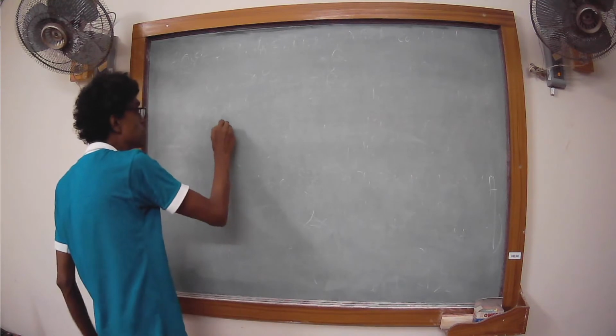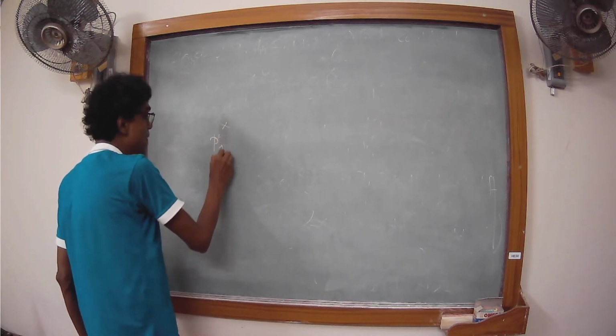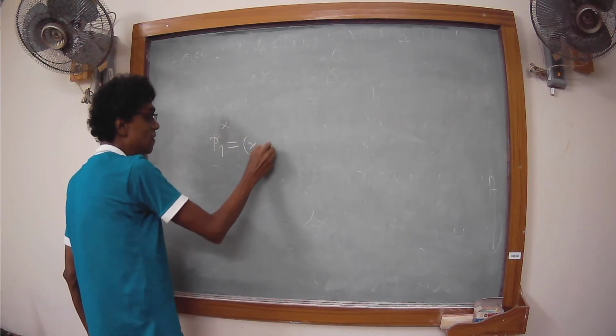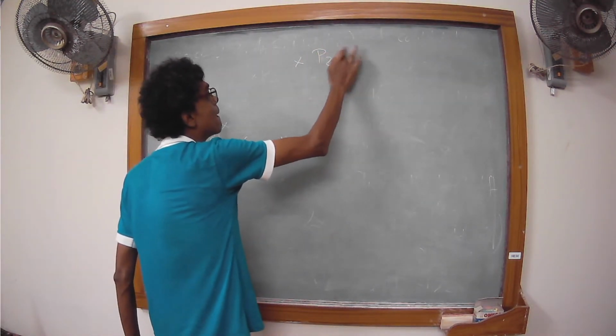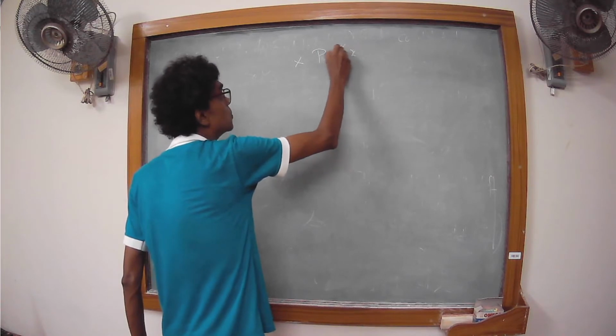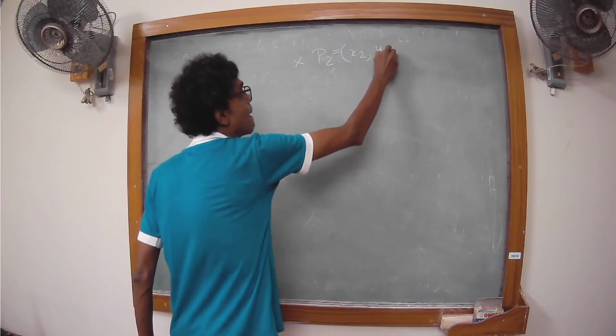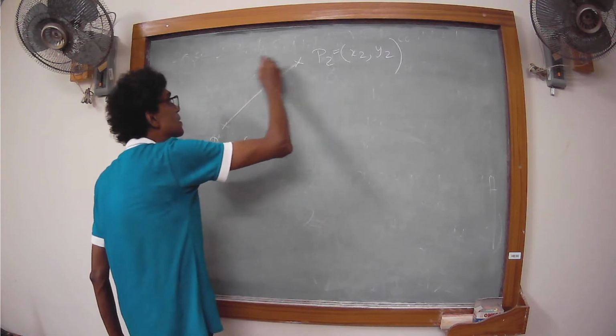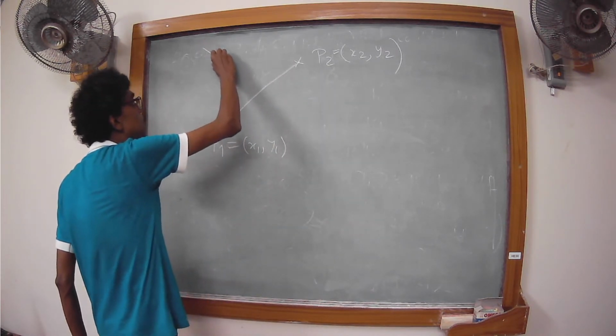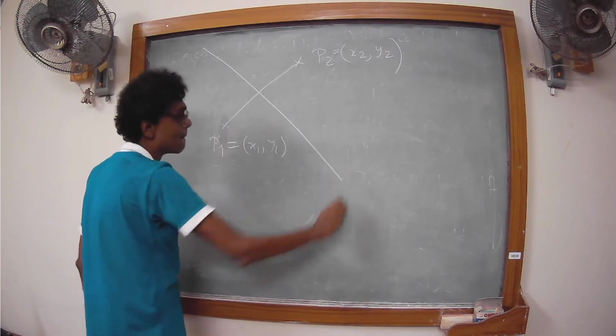So, consider any 2 points again, P1 (x1, y1) and P2 (x2, y2). So, in this line segment, consider the perpendicular bisector.